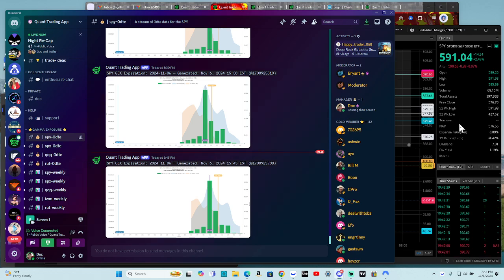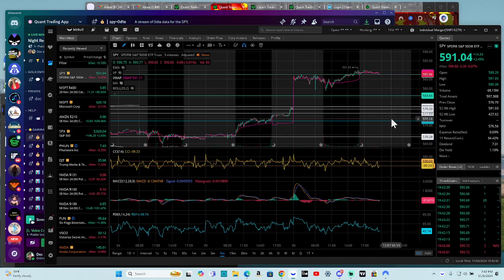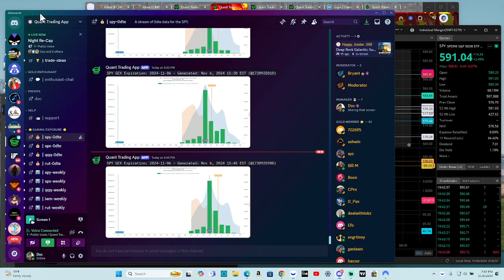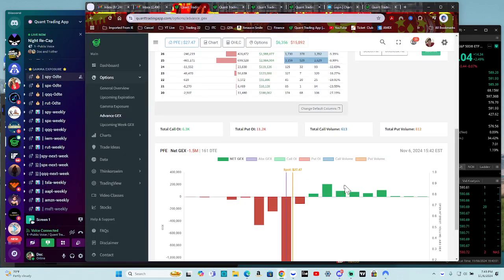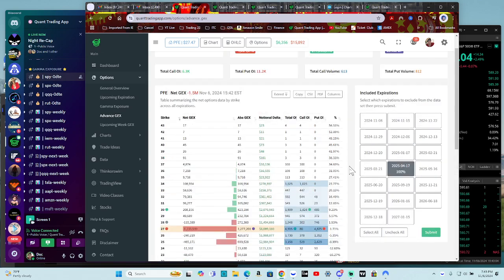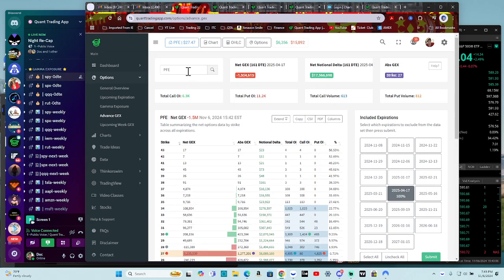I'm going to focus on two other moves today. I had a brief meeting with someone in the afternoon, and we talked about Pfizer, and he wanted to know, okay, following SPY, cool, can we just plug in some other equities? One of them was Pfizer. Keep in mind, when you're on gold you have access to the advanced GEX, where you can literally plug in anything that has an options table.